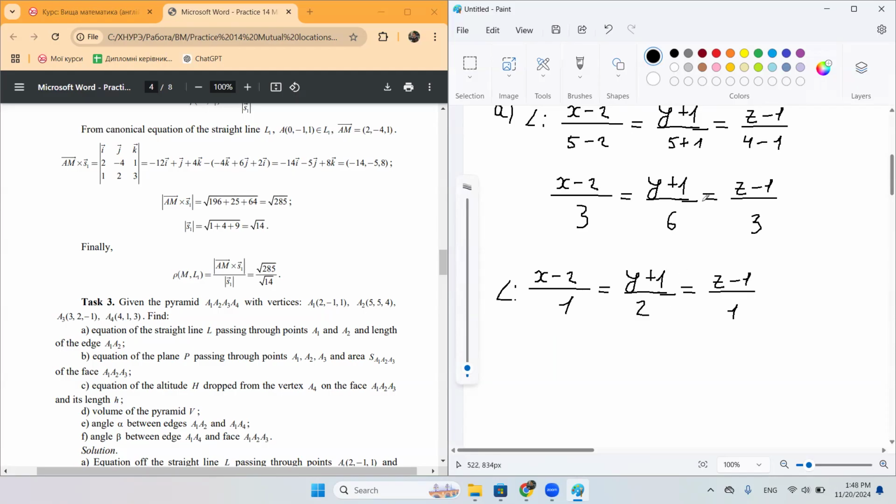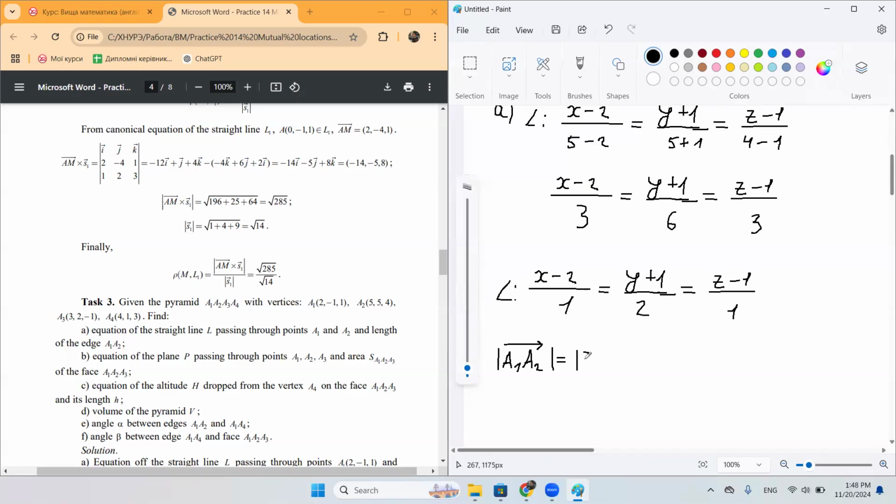Then, what do we need next? We need to find the length of this edge, A1, A2. How to find it? It is the magnitude of the vector A1A2. Basically that's it, but we can even simplify it.